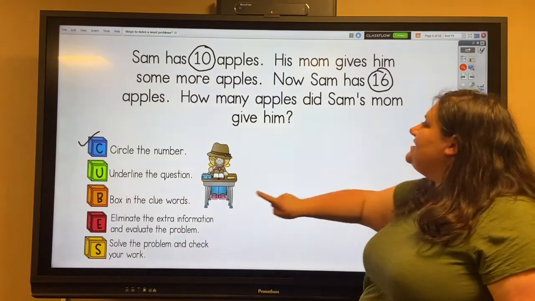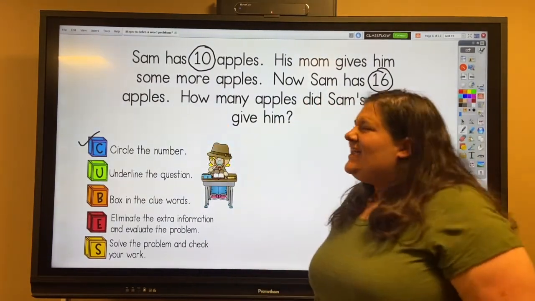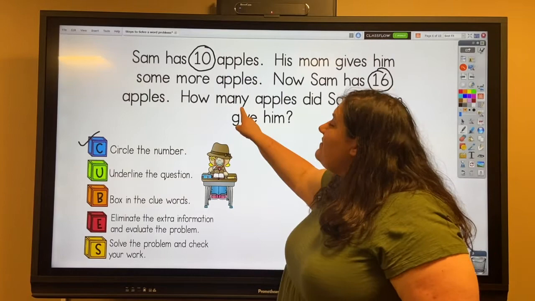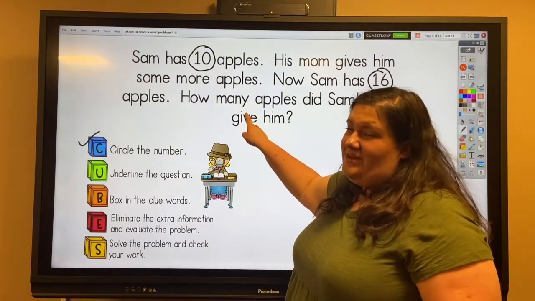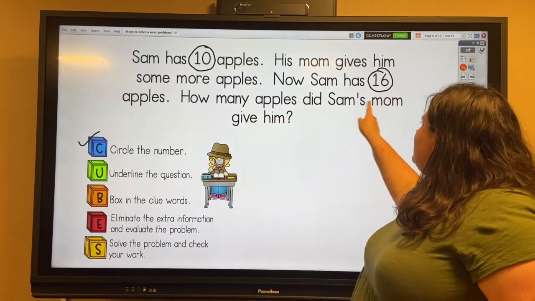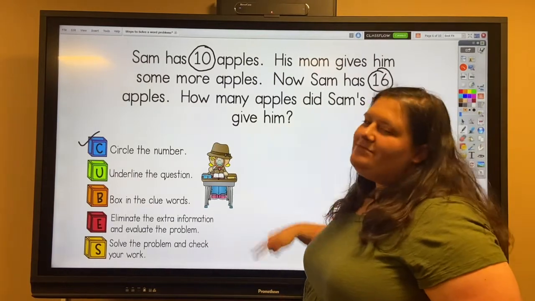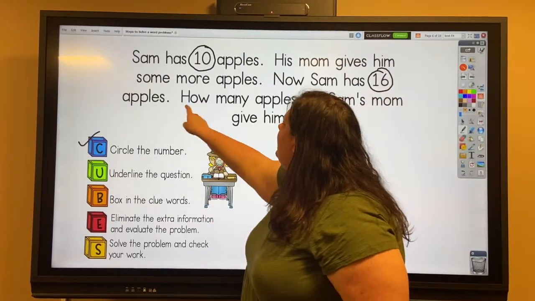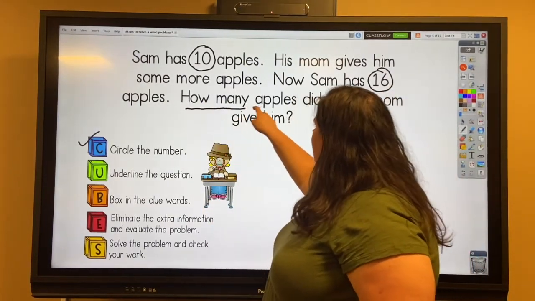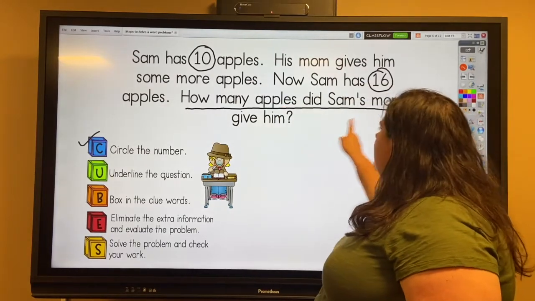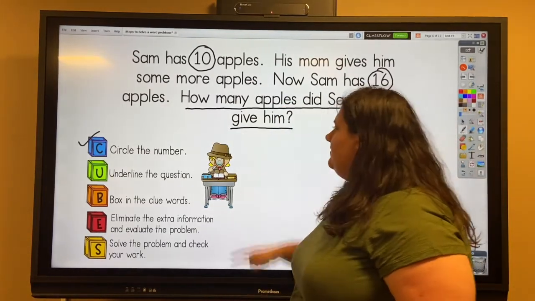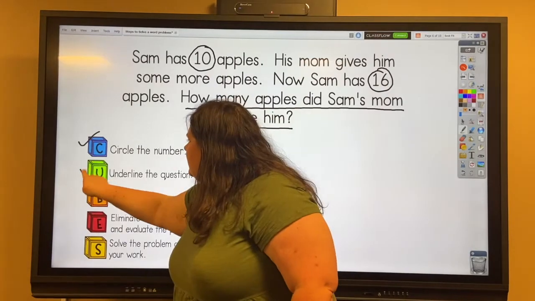Now Sam has 16 apples, period. Again, that's not a question. How many, wait, how many, that's a question word right there. Apples did Sam's mom give him? Oh, there's that question mark. So I'm going to go ahead and underline this entire question right here. All right, so I'm done with this.